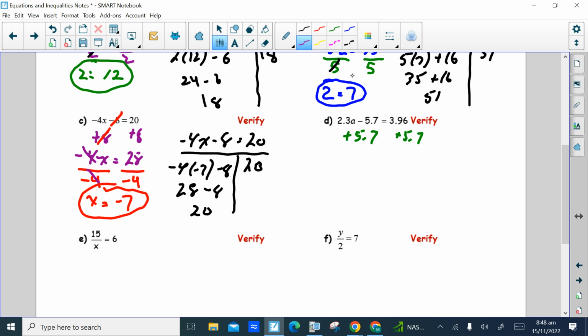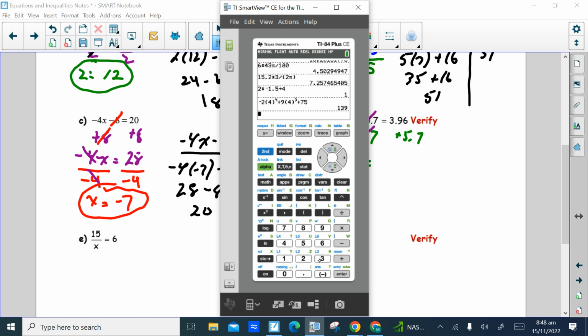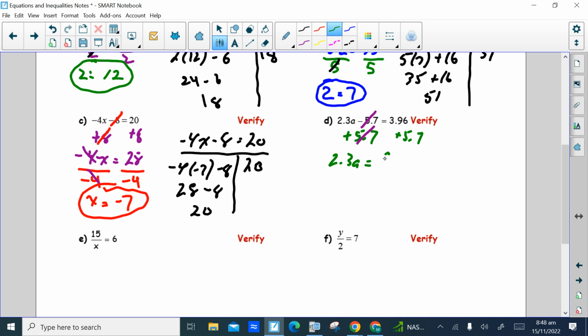And the reason we do that is because on the left, a minus 5.7 plus 5.7 cancels. And we have 2.3a on the left equaling 3.96 plus 5.7, 9.66. The fact that we have decimals there doesn't change the way it's done.